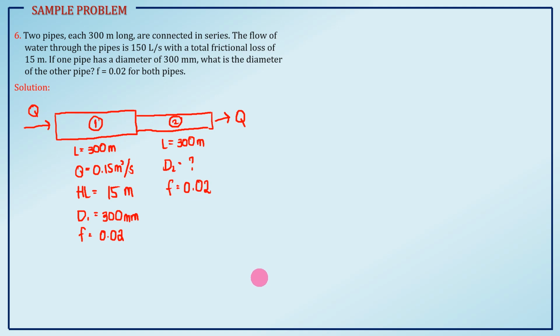Okay. So, we just have to relate the Q's here and the head loss. Actually, kaya natin 'tong i-solve by Bernoulli's energy equation, pero lagi naman natin 'to ginagawa. So, mare-realize niyo na HL is just equal to the summation of the head loss at your pipe 1 and pipe 2.